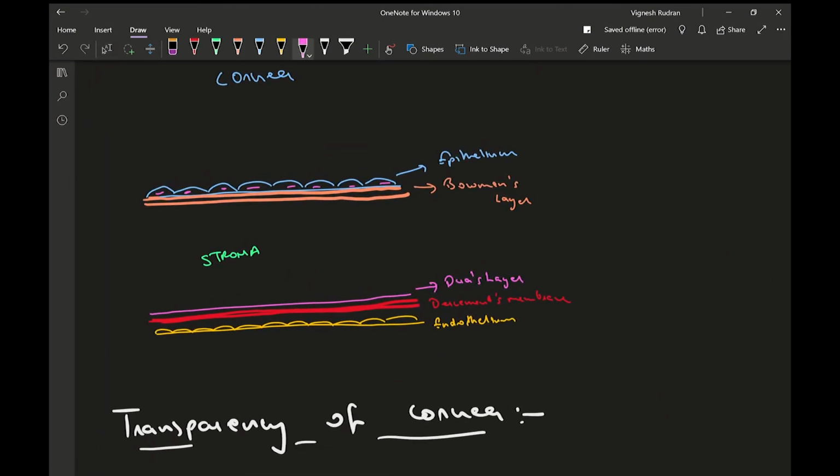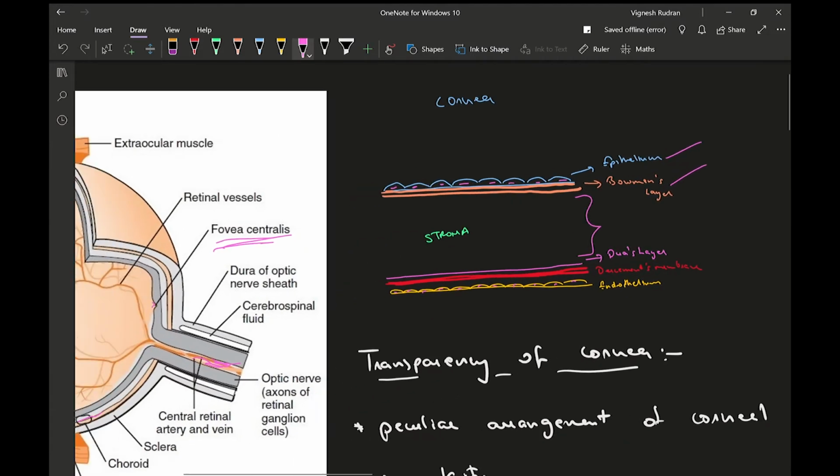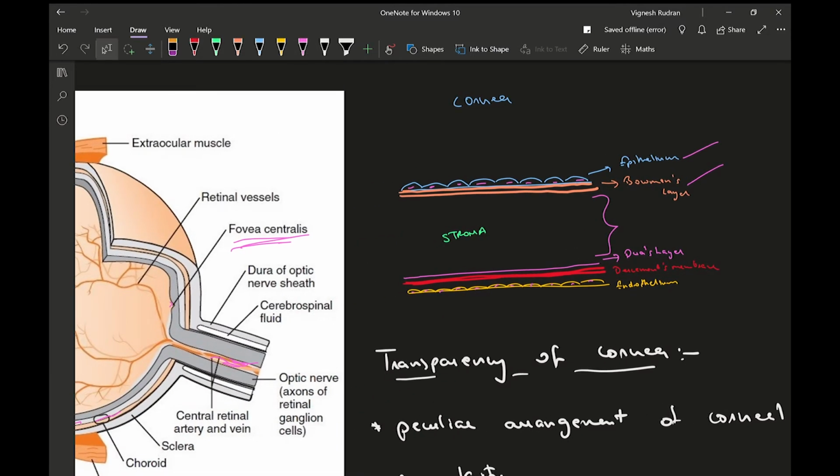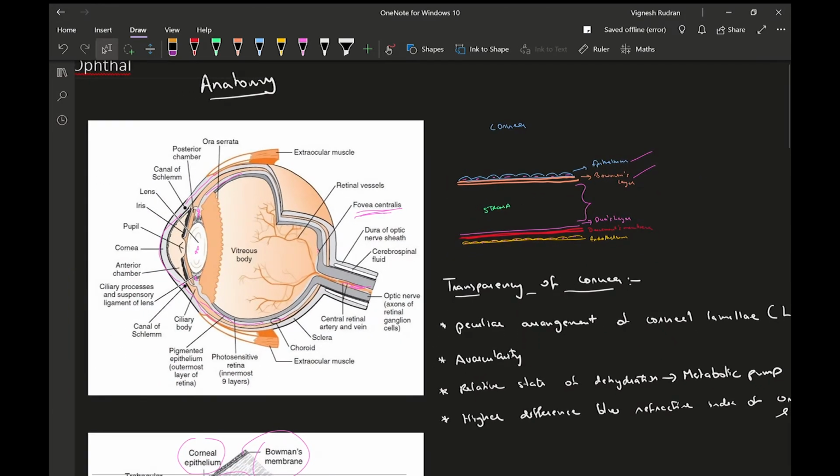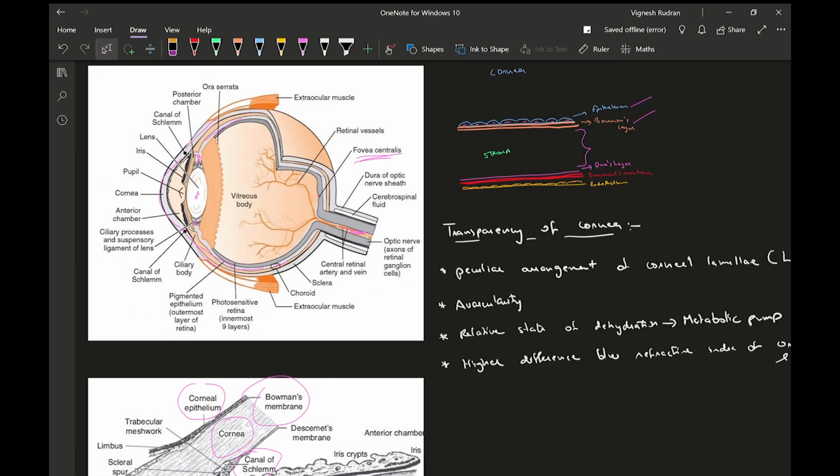The first layer is the corneal epithelium, followed by the Bowman's layer, and there's a thick stroma present. Then there's the Dua's layer or pre-Descemet's membrane, Descemet's membrane, and endothelium. Corneal endothelium cells are very sensitive, and there are many steps taken during cataract surgery, like using viscoelastic to preserve the integrity of these endothelial cells.